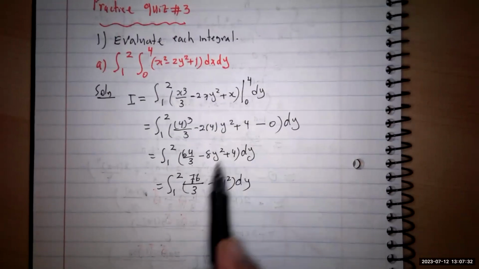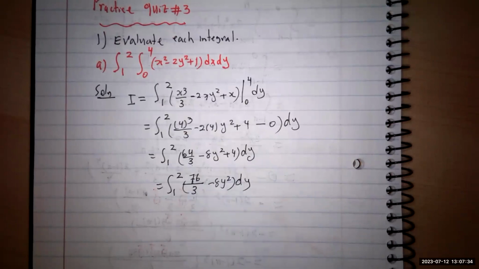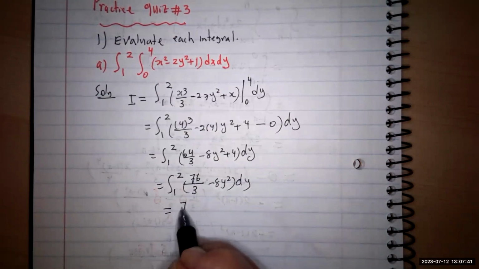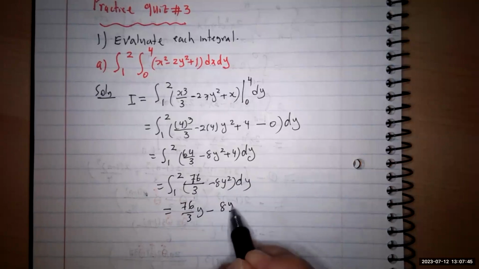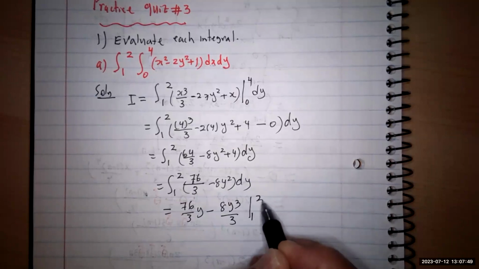I just added the 4 to the 64 thirds. Now you integrate with respect to y, then you substitute, and then you're done. So it's 76 over 3 times y minus 8y cubed over 3, and you have to evaluate it from 1 to 2.